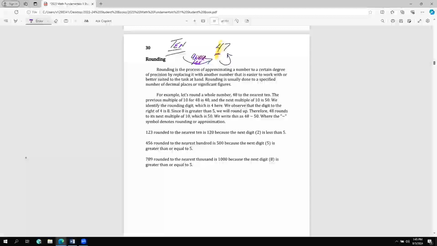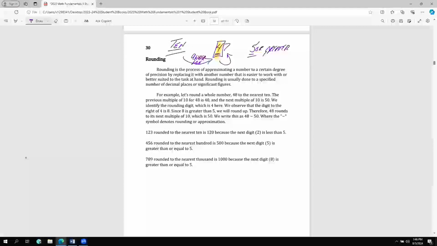So you have to say, is the number behind the 4 5 or greater? I have to remind myself that the number behind the 4 can also be a 5. And if it's 5, 6, 7, 8, or 9, then I'm going to round the underlined digit up to the next value, which would be a 5.